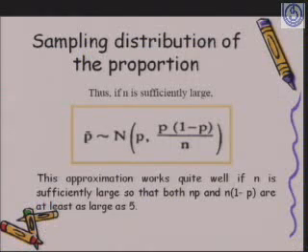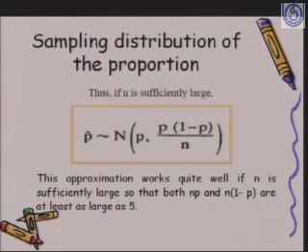So the assumption is that if n is sufficiently large, then p bar, that means the sample proportion, would have a normal distribution with mean p and variance p(1 minus p) divided by n.